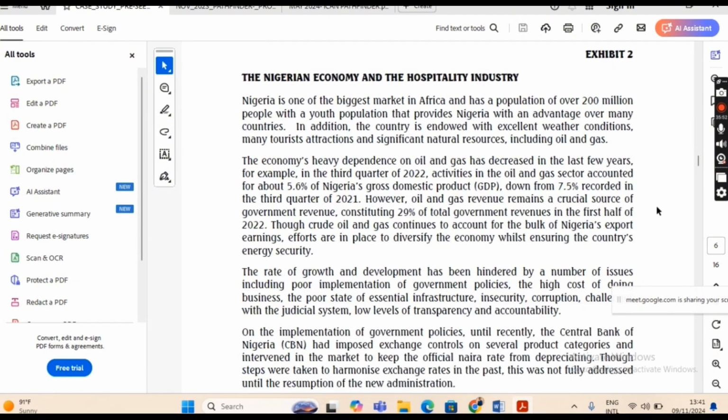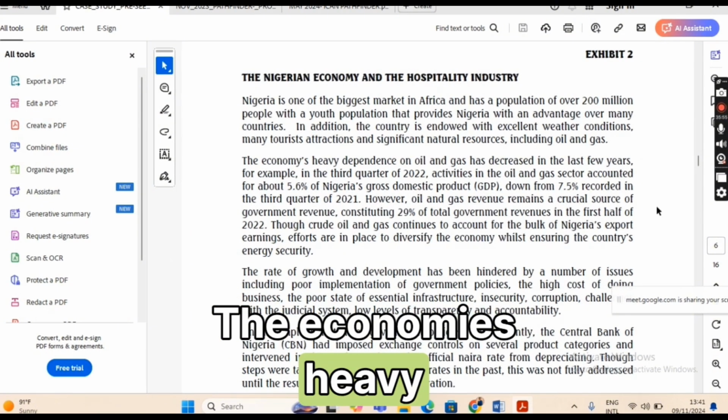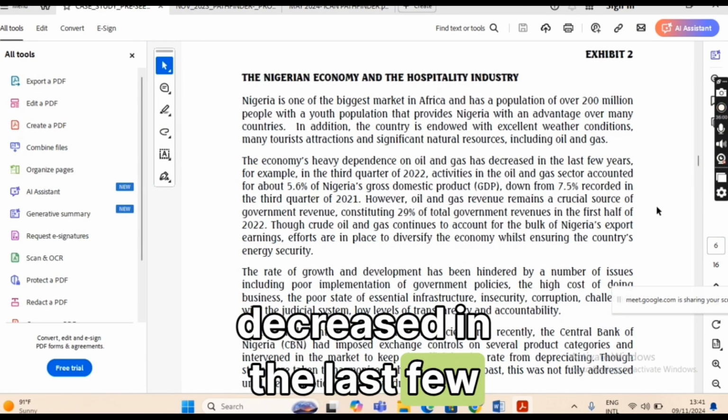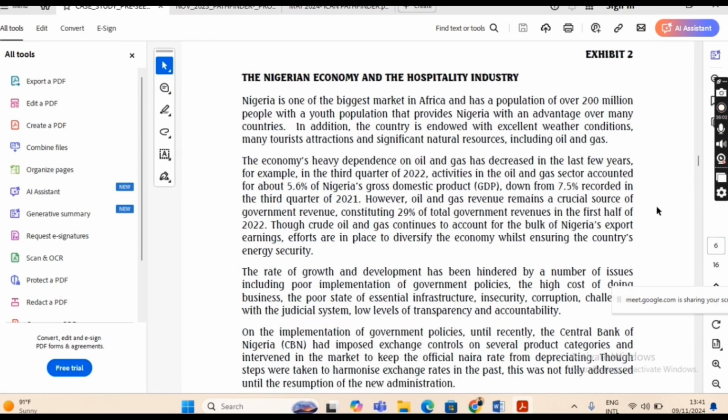The economy's heavy dependence on oil and gas has decreased in the last few years. For example, in the third quarter of 2022, activities in the oil and gas sector accounted for about 5.6% of Nigeria's gross domestic product (GDP), down from 7.5% recorded in the third quarter of 2021.